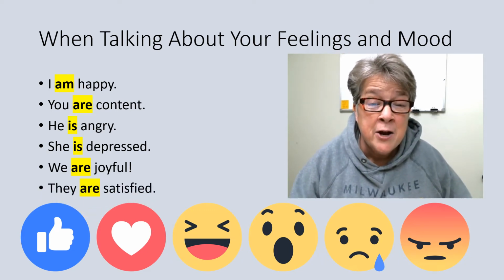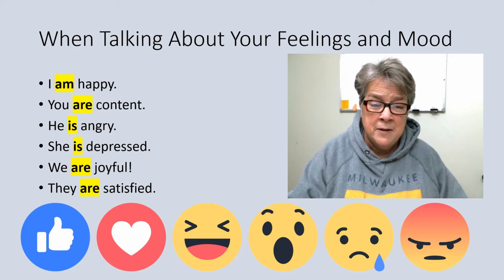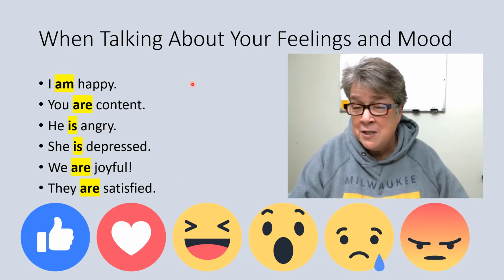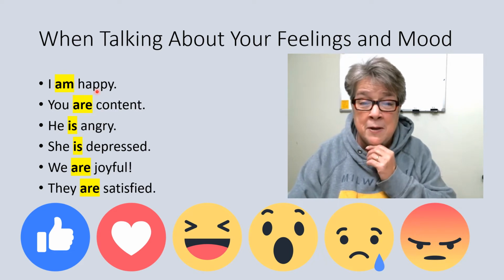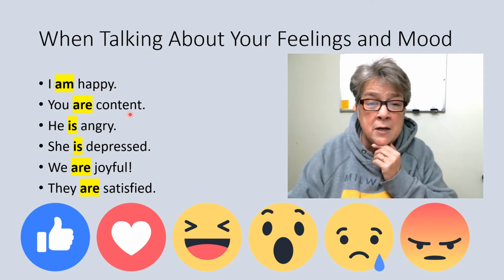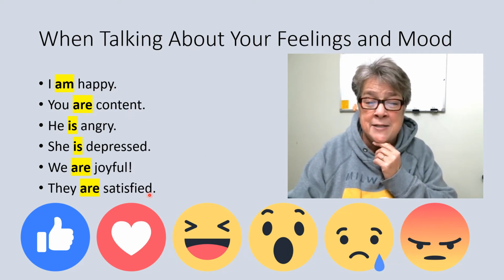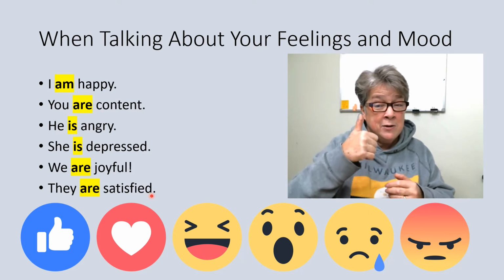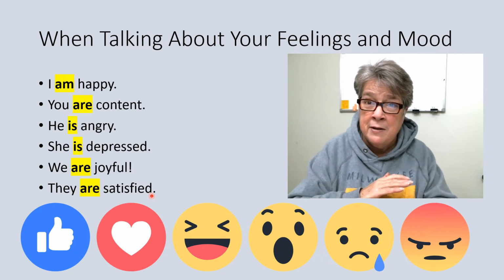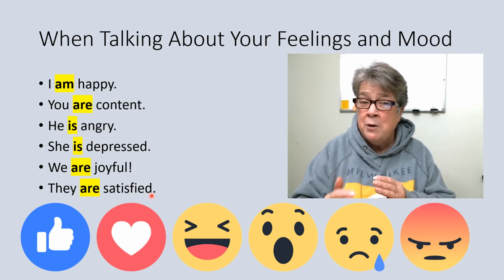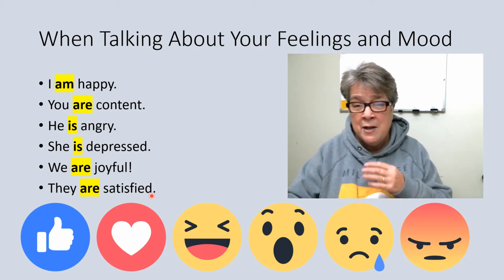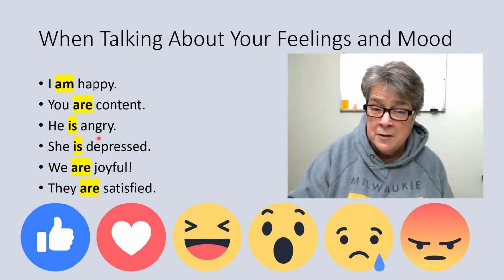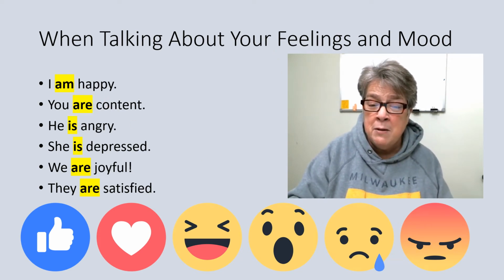They are satisfied. Now, I'm going to show you three words that mean much the same thing. They are synonyms: happy, content, and satisfied. These are all different ways you can say things are going well. Don't say fine. Fine's a good word, but content or satisfied or happy are better. Okay? These are all feelings and moods.